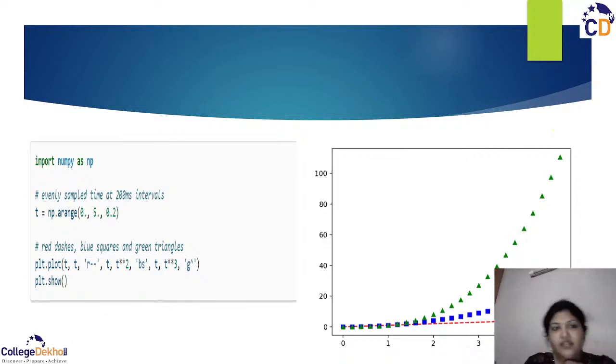There are different options, like bs means blue color, and for triangle we are using the caret sign. In Python, the power sign is the double asterisk, but for triangle we represent it as this, like we use for power, right?